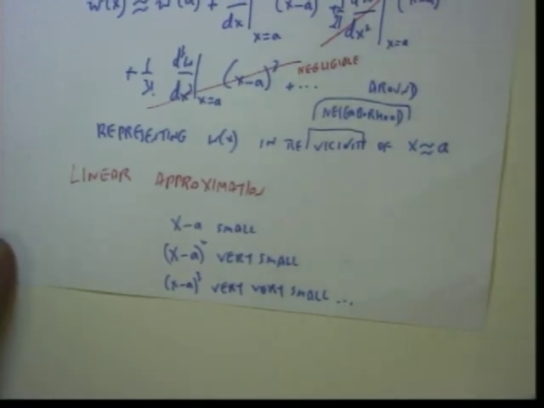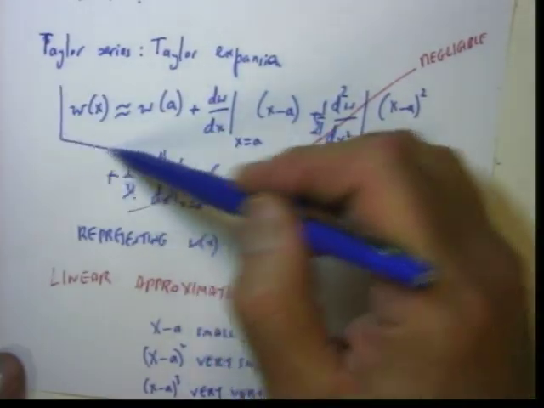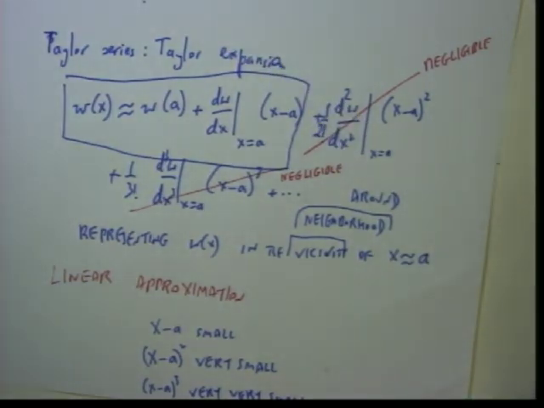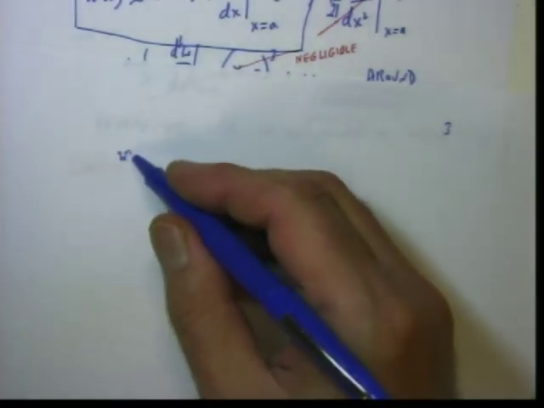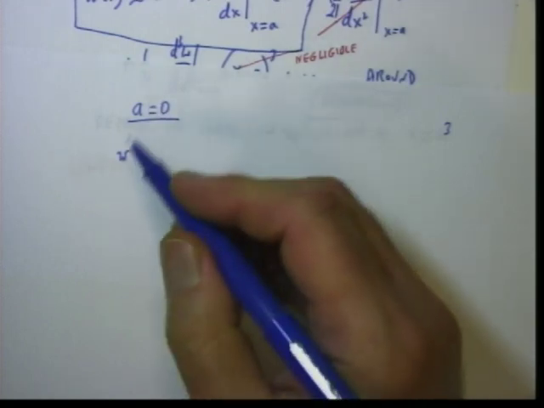So, therefore, we can actually make this approximation, which is like this. So W around A, so let us take A is 0, because we want to see what happens at the beginning.